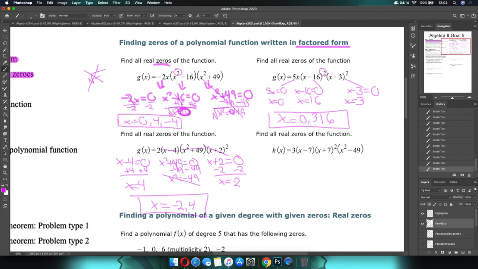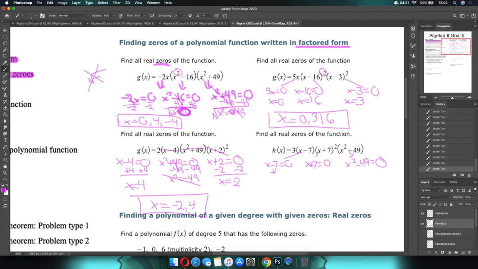Let's mix it up a little bit. We have x minus 7 equals 0, x plus 7 equals 0, and then x squared minus 49 equals 0. Those 49s tend to be unlucky.